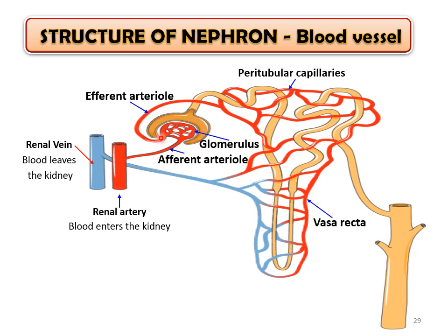So the glomerulus is a network of capillaries enclosed by Bowman's capsule. That is the site for ultrafiltration of blood due to its porous capillaries.